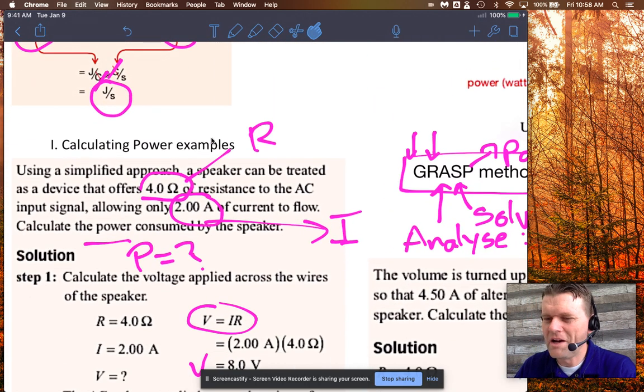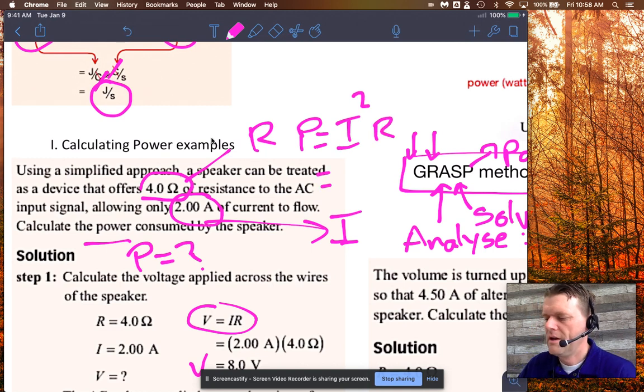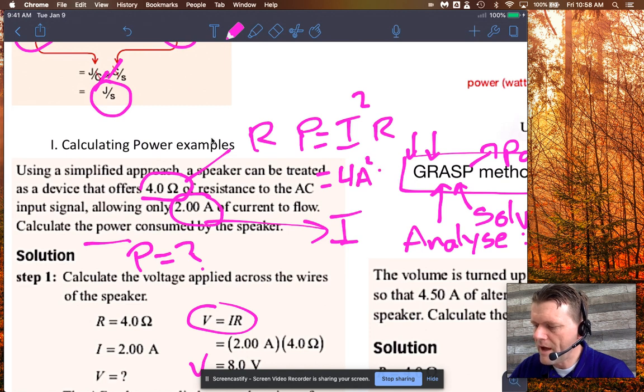Now, why I just paused there is because there's another formula that we can use to calculate power, which is I squared R, okay? And we could skip that step because the current is 2, so 2 squared would be 4 amps squared, and we multiply that by the resistance, which is 4, and that gives us 16 watts.